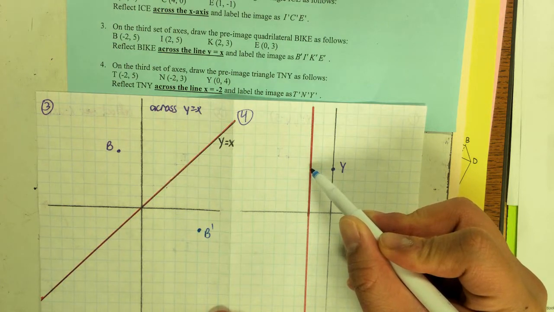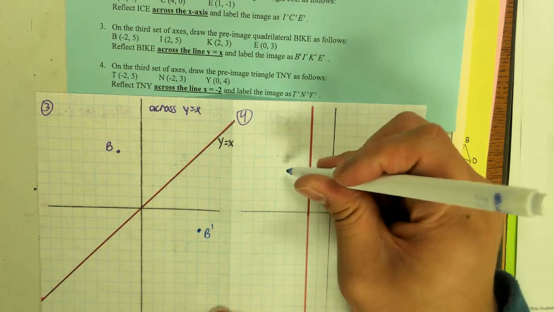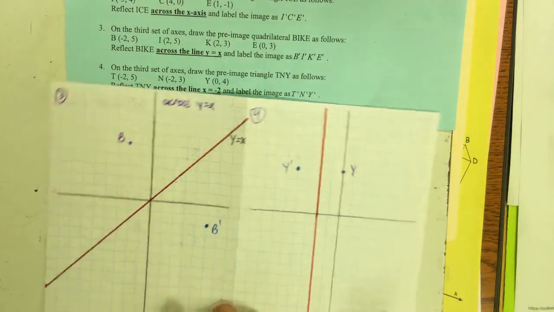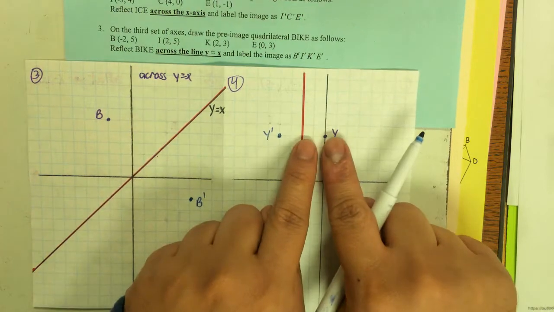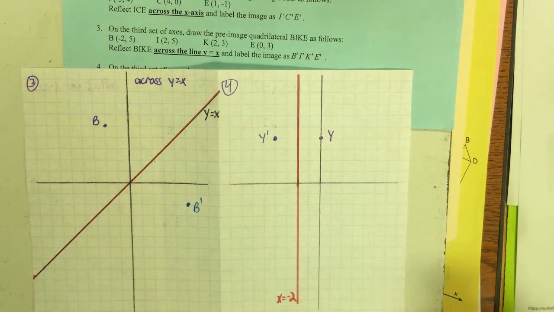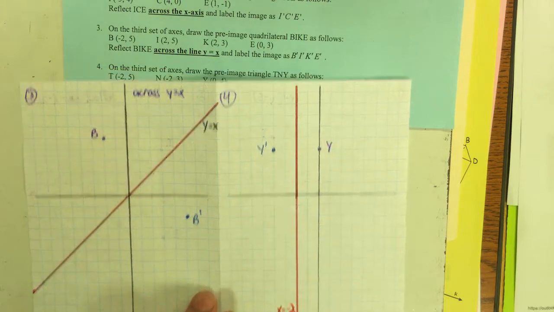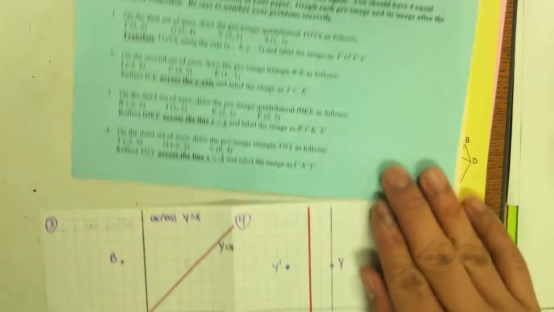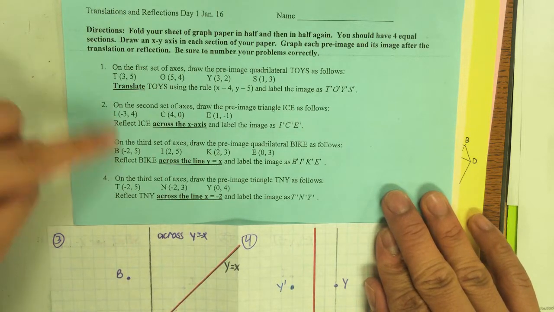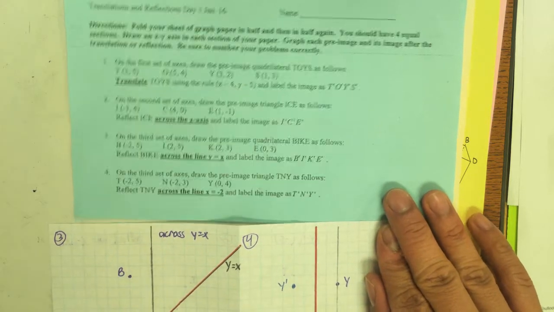Then it's a mirror. We keep going. 1, 2. And Y prime ends up being right there. 2 units on the right means 2 units on the left. Okay, so that's how you find your reflections and translations.